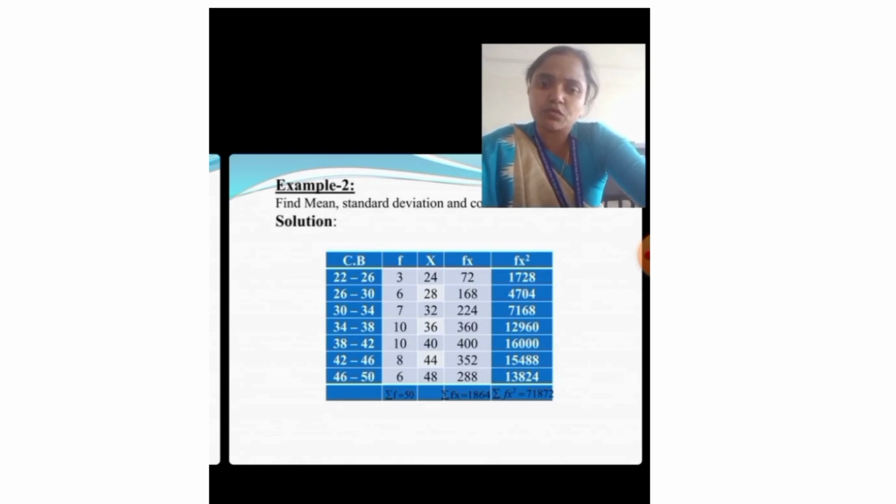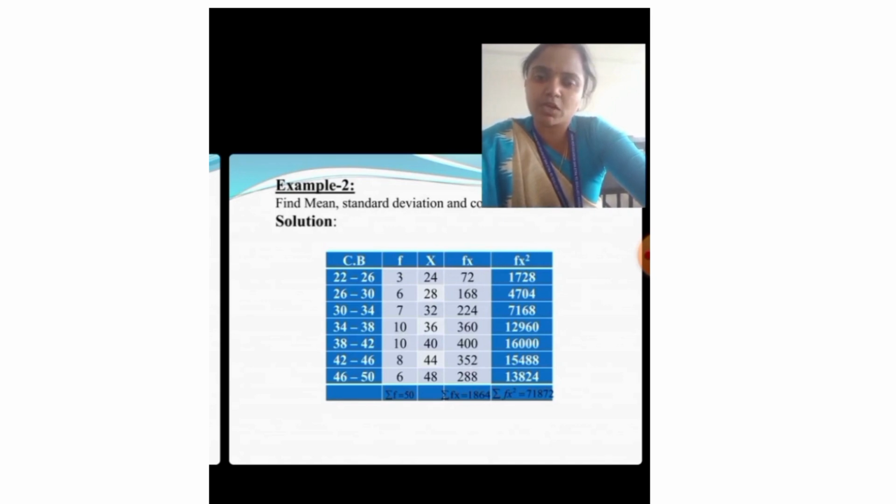Then we have to find x. x is nothing but the mid values of our given data. The mid value of 22 to 26 is 24, then 26 to 30 is 28, then 32, 36, 40, 44, 48.